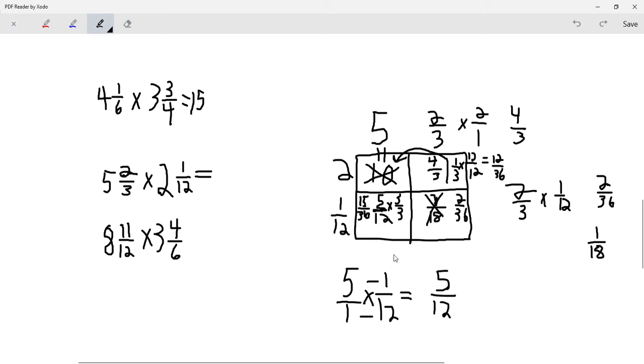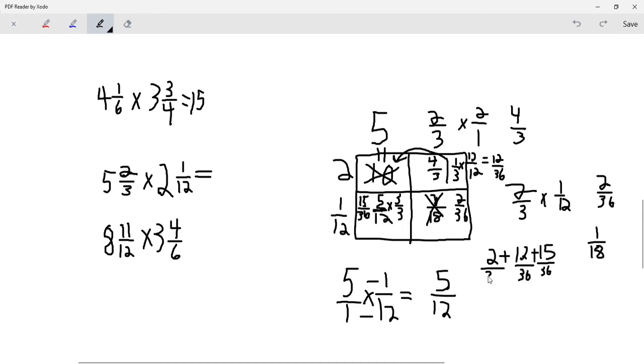And now we have to add all of these up. So 2 plus 12 plus 15, all of these over 36, obviously.